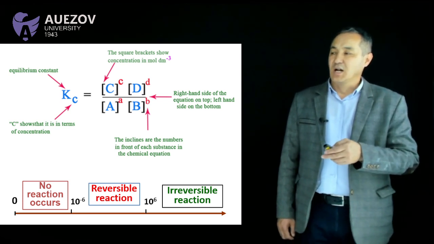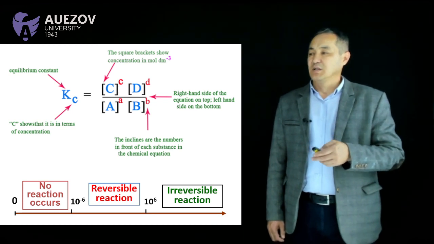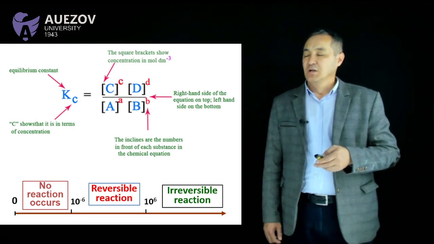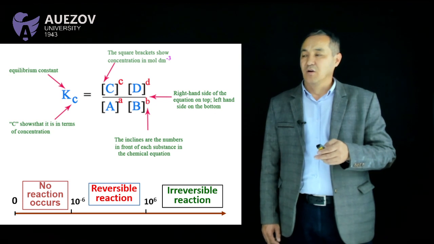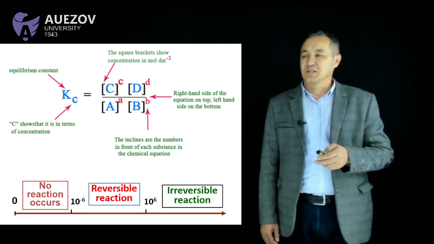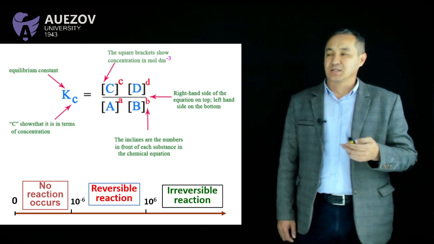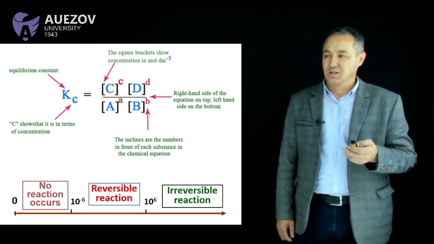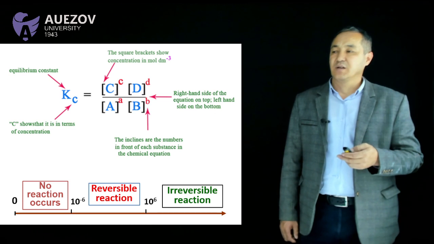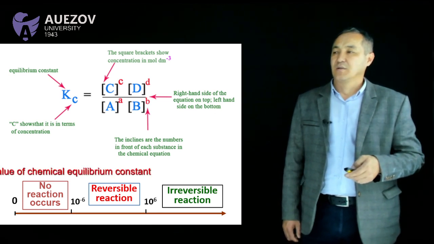At the start we can see no reaction occurs. In the middle of the chemical reaction we can see a reversible reaction. At the finish we can see an irreversible reaction.